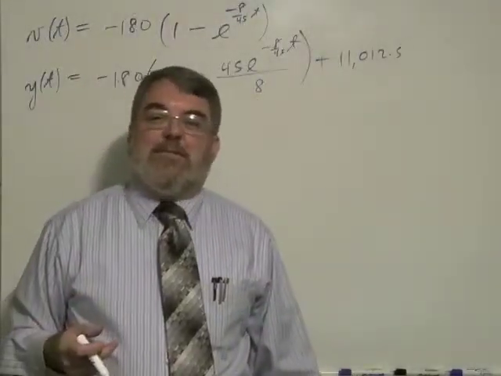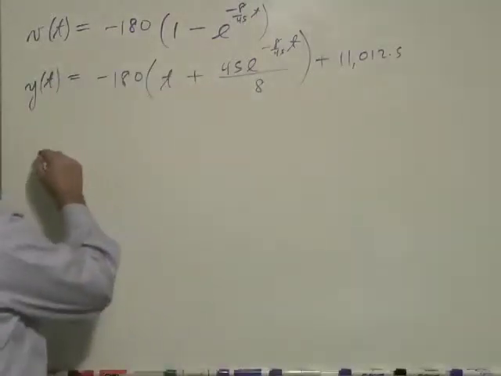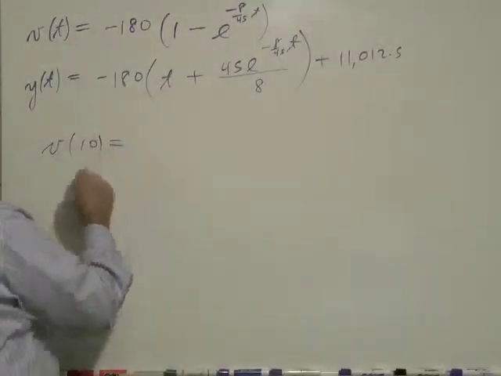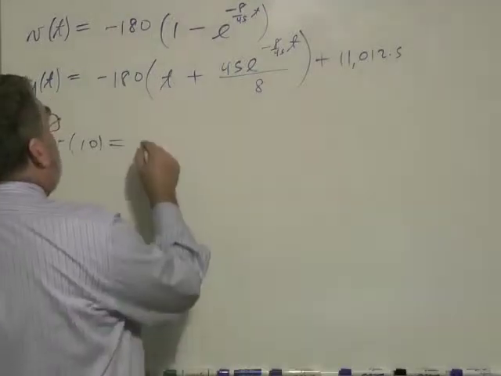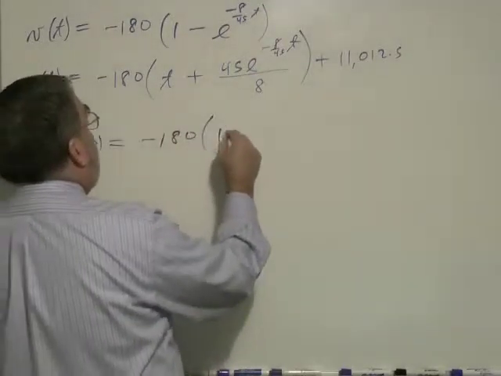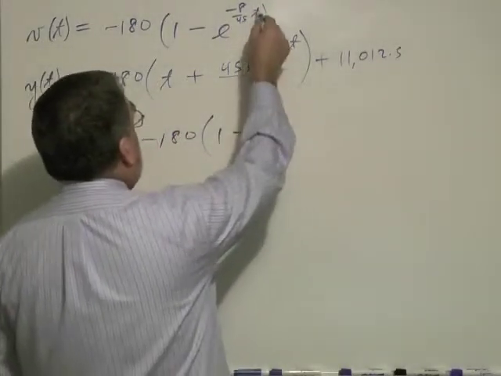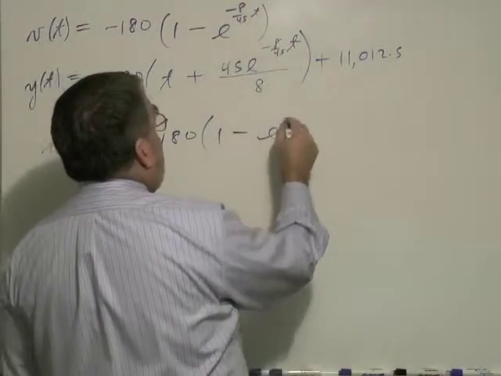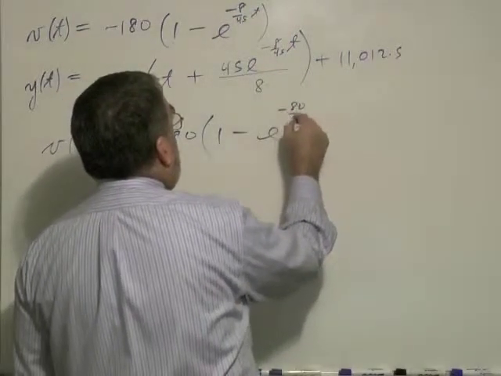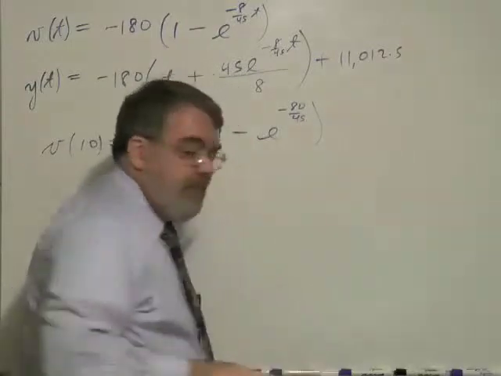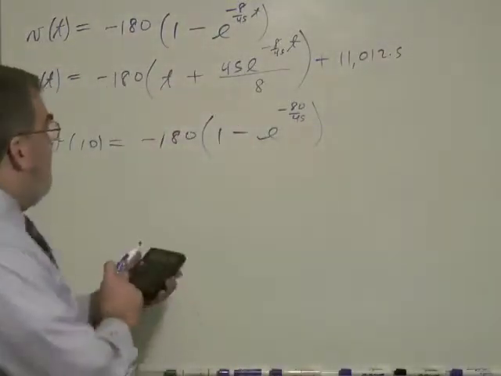Well, let's see what happens after 10 seconds. So the velocity after 10 seconds, if I plug that in, is minus 180, parentheses 1 minus e to the 10 times negative 8/45, that's minus 80/45. And let's see what that is.